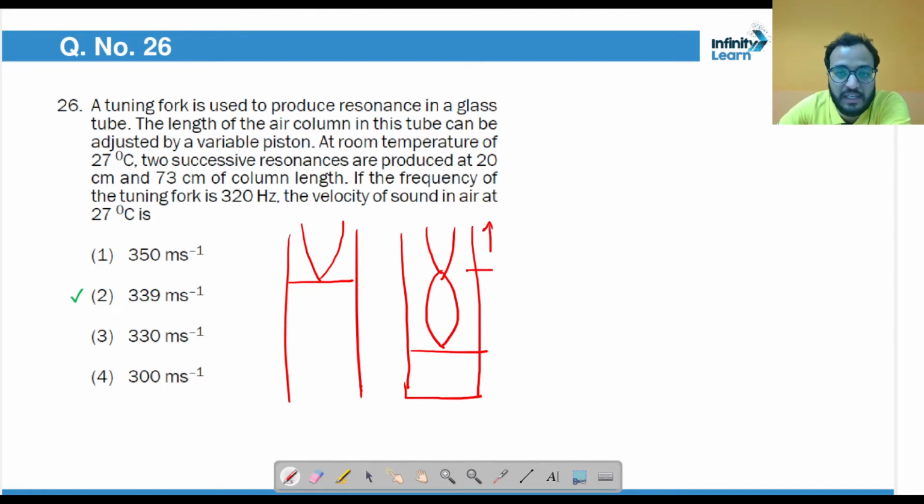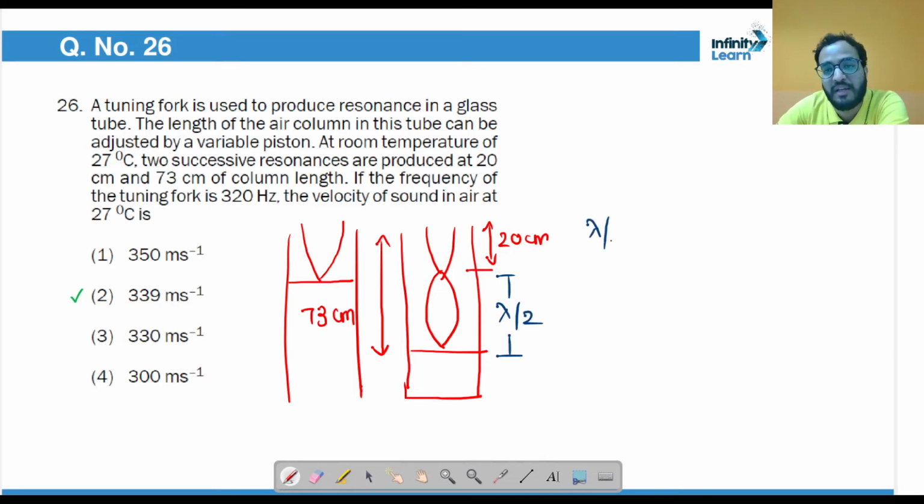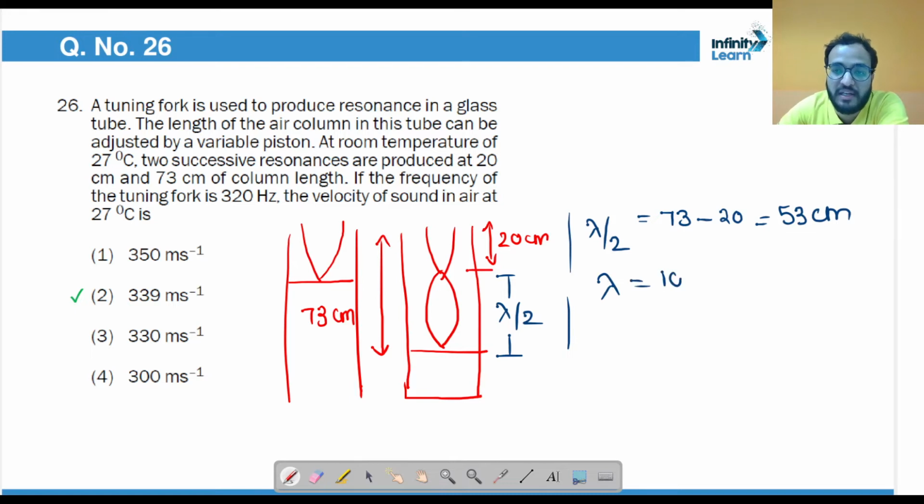Now this height is 20 centimeter given and this height is 73 centimeter given, right? So we can say that this distance is lambda by 2. So lambda by 2 is equal to 73 minus 20, that is 53 centimeter. So from here lambda will be 106 centimeter.